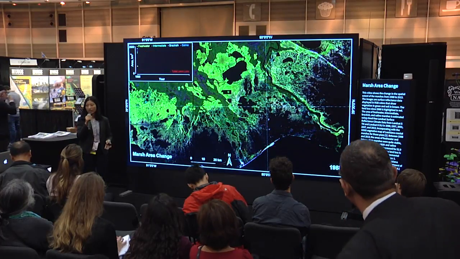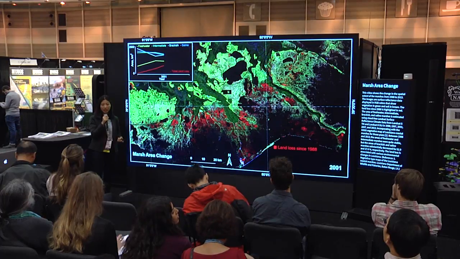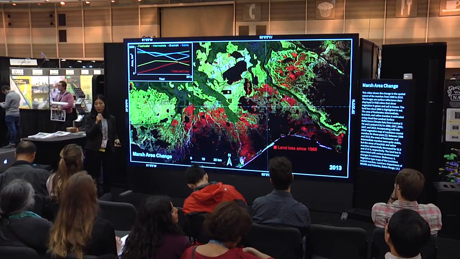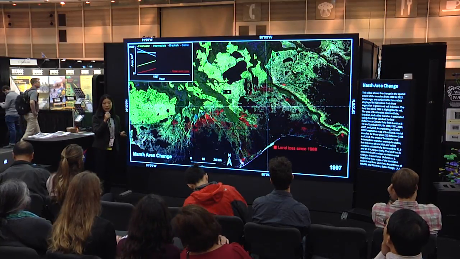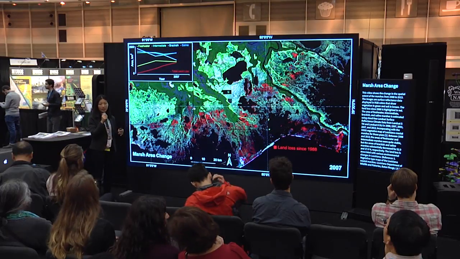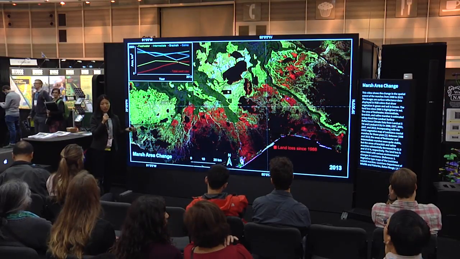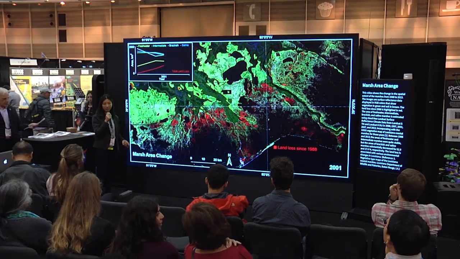And the loss in the brackish and saline marshes is correlated with many environmental and anthropogenic factors in Louisiana, including sea level rise. Because the reduction in marsh area will reduce their ability to take up carbon from the atmosphere, and also might release the carbon in the ecosystem back to the atmosphere. So this is actually a positive feedback to the changing climate.